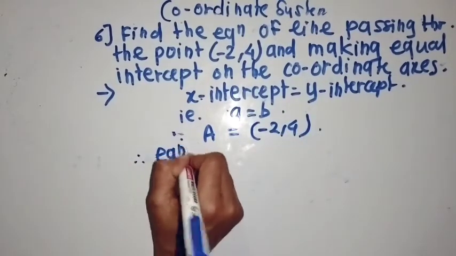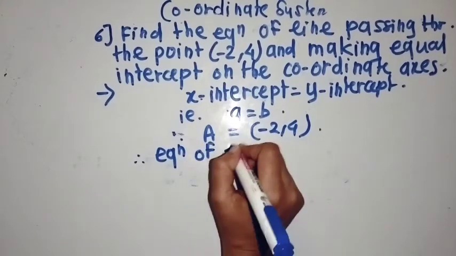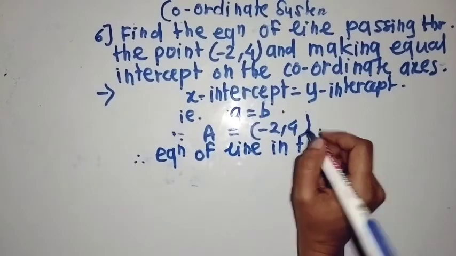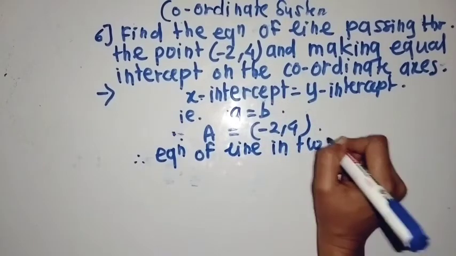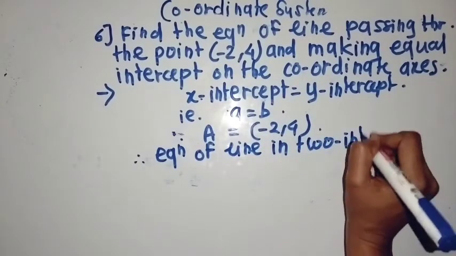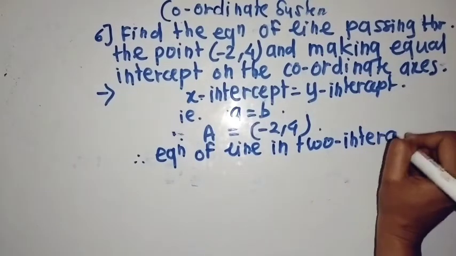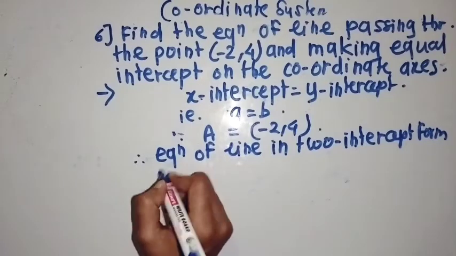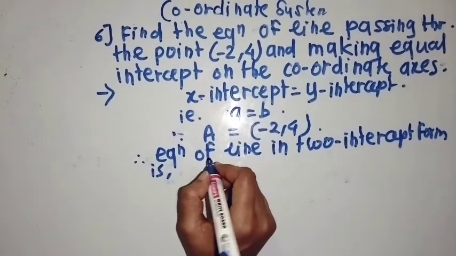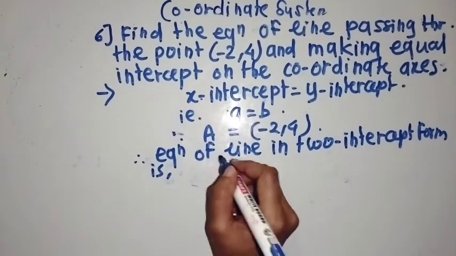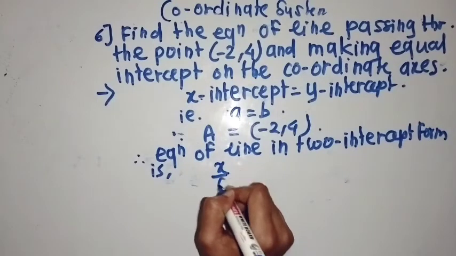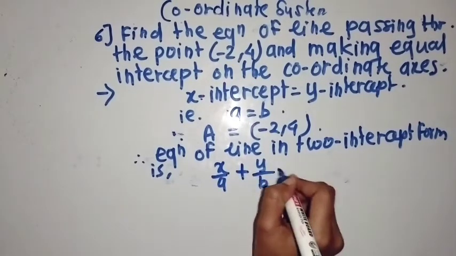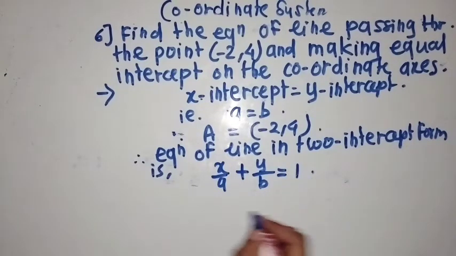Hence the equation of the line in two intercept form is x upon a plus y upon b is equal to 1.